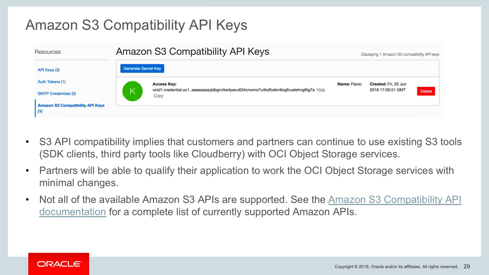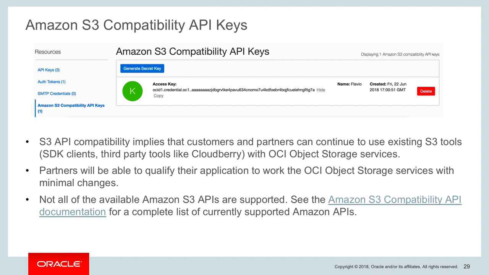So SDK clients and third-party tools like Cloudberry or any other third-party tool that interacts with S3 storage don't have to rewrite their application or their API calls in order to get access to our object storage, right?